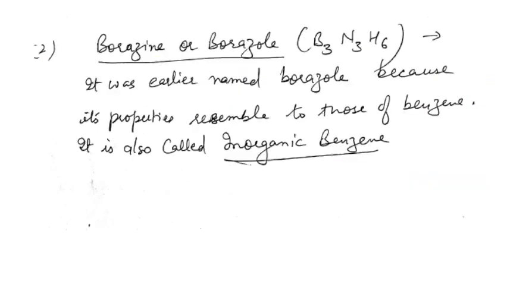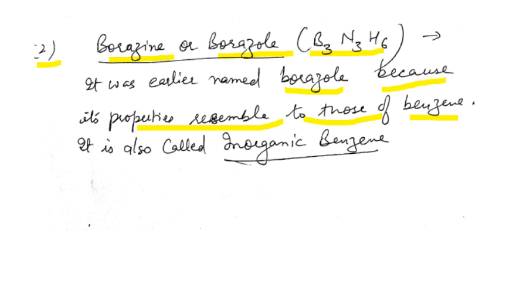Now we see the second compound of the boron, that is called borazine, or it is also called borazole. Its formula is B3N3H6. It was earlier named borazole because its properties resemble those of benzene.